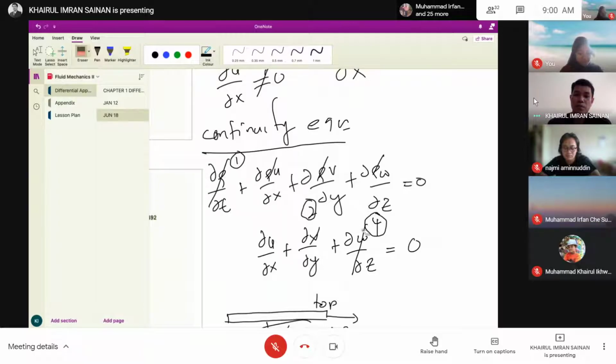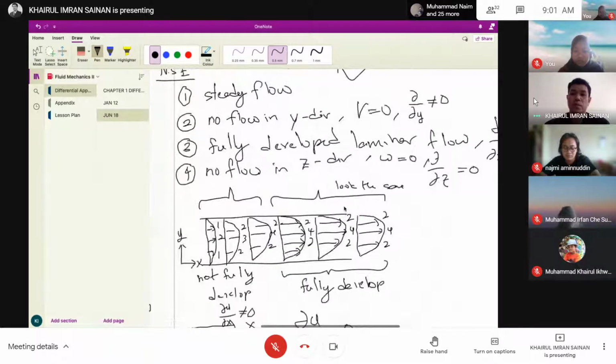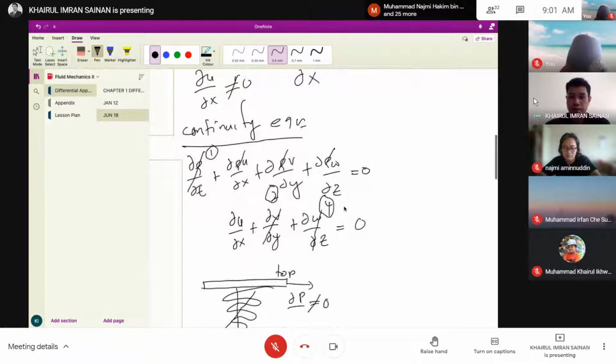Similarly, we cancel out w. The component w we cancel. So number 2 and number 4: no flow in y direction, no flow in z direction. Okay, so done with continuity equation.